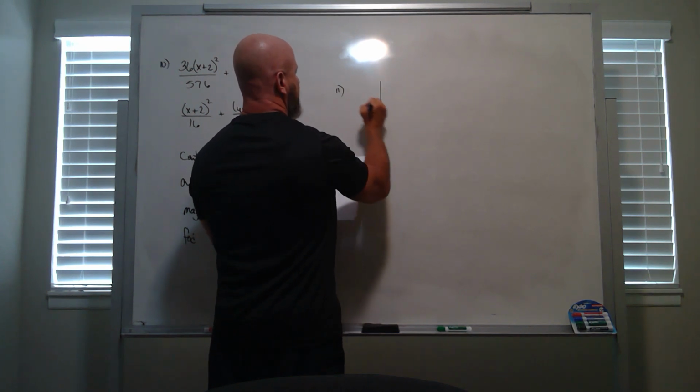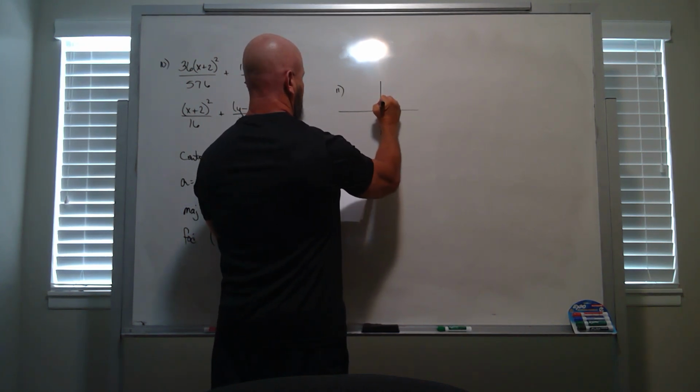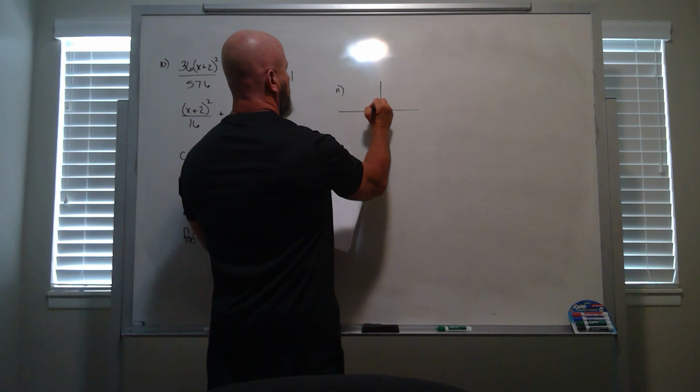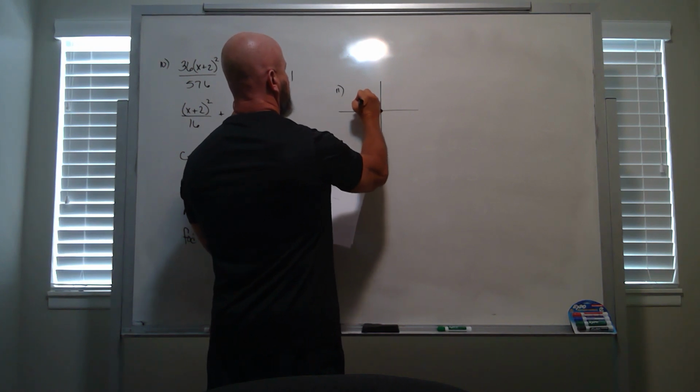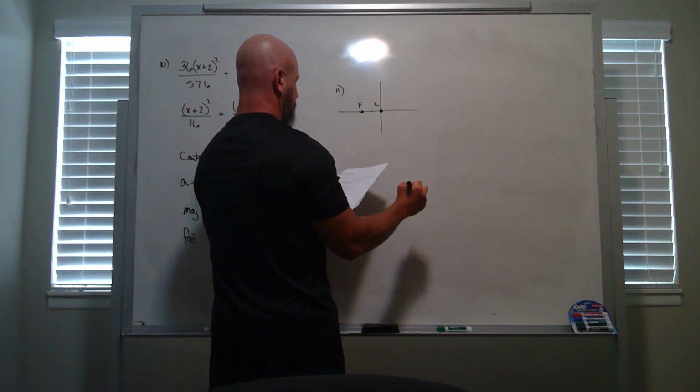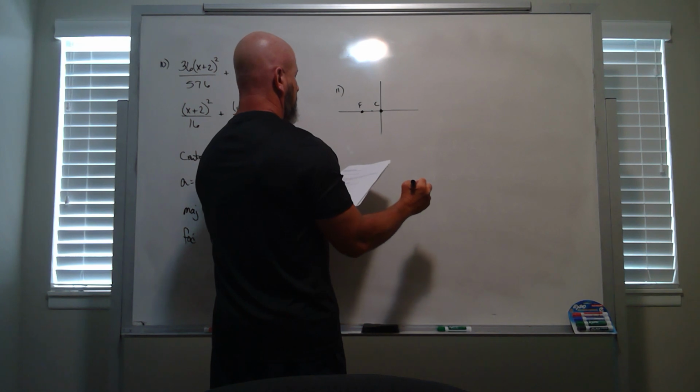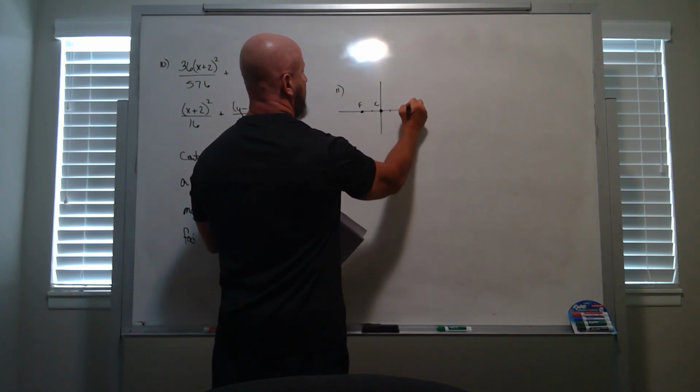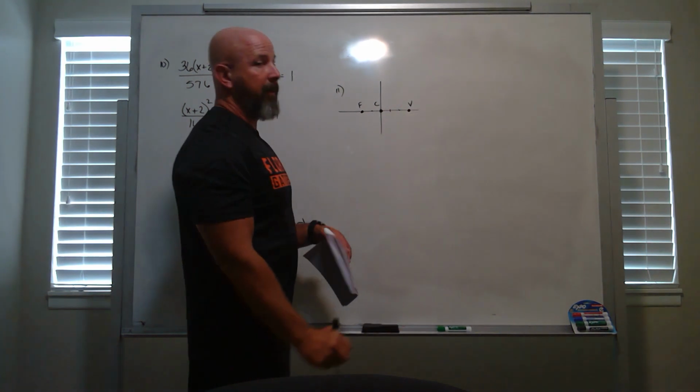So on 11, it says my center's at 0, 0. My focus is at -2, 0. My vertex is at 3, 0. And again, it's referring to a major vertex.